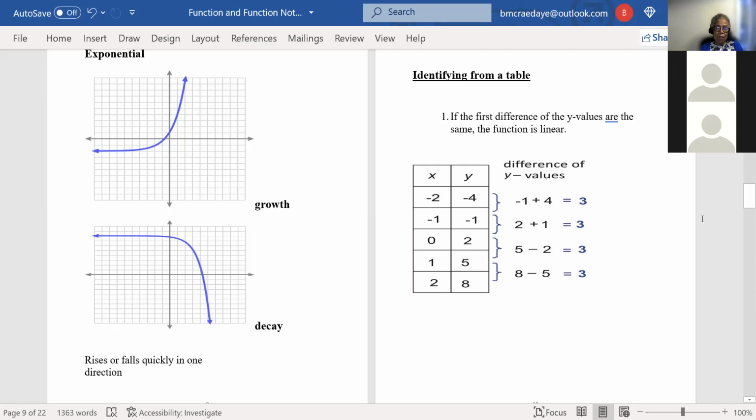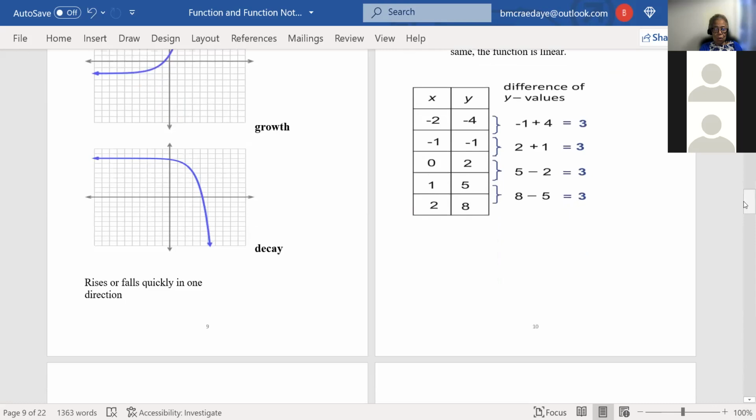Now, all of these are different by 1, right? -2 plus 1, that's a 1, minus 1, 0, that's a 1, 0 to 1 is a 1, and 1 to 2 is a 1. So all your X values have to vary by the same amount. And all of ours we'll only use X values that vary by the same amount. So this rule holds. When you get the difference in Y and they're the same, then it's linear.